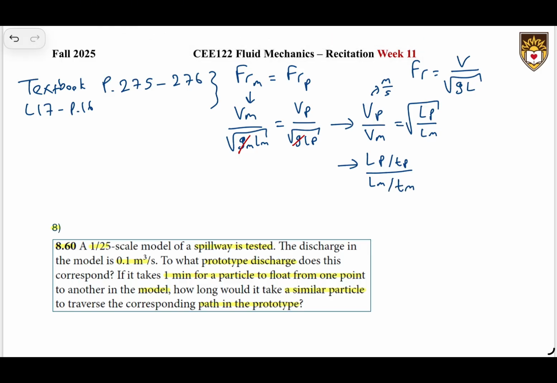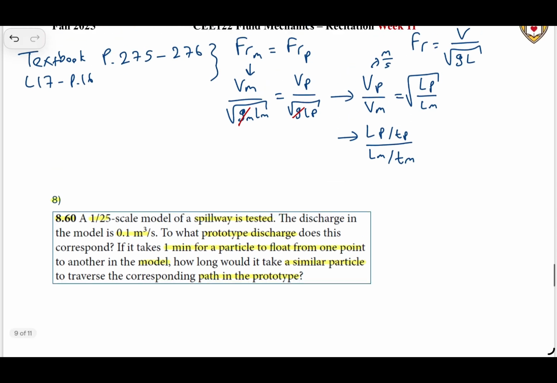The main reason to convert from this form to this form is we need to find the time. We have the time of the model, because it says 1 minute to float from one point to another. So we need to find Tp, so we are trying to leave Tp alone in this Froude matching.